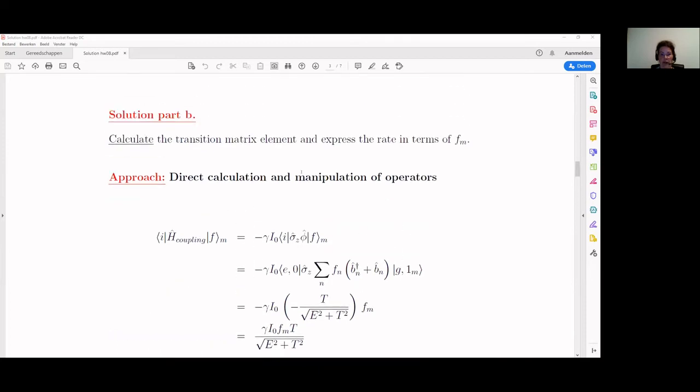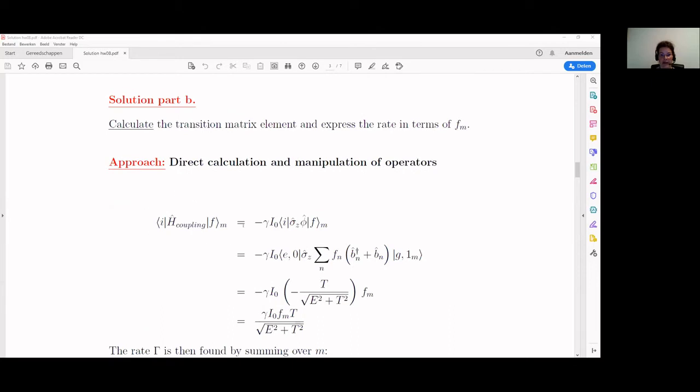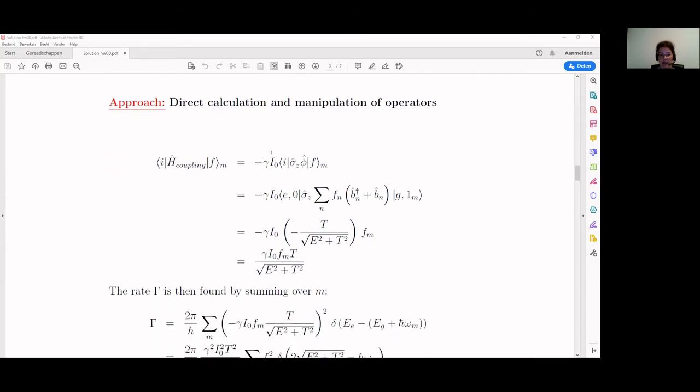So how do we calculate this matrix element? Well, you substitute the expression for the Hamiltonian directly, and then you manipulate the operators a little bit. So here it is. This is the matrix element which couples the initial to the final states. I simply substitute the given expression for the coupling Hamiltonian, which is this thing here. Nothing mysterious. All constants go in front. And then I substitute the expressions for sigma z and for phi.